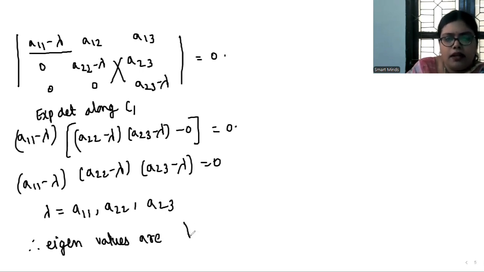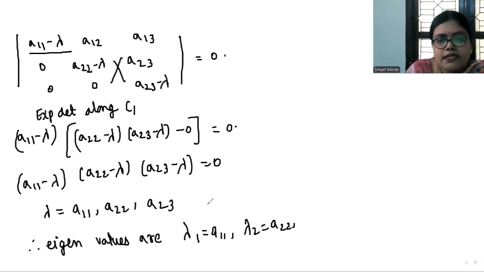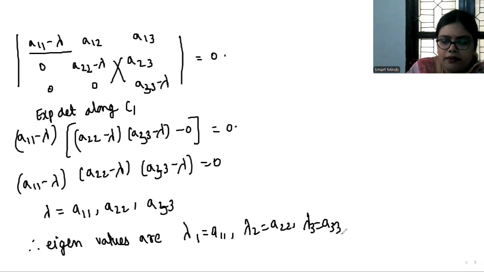Eigenvalues are lambda 1 is equal to A11, lambda 2 is equal to A22. This is A33. This is 33, not 23, okay? 33. So lambda 3 is A33.